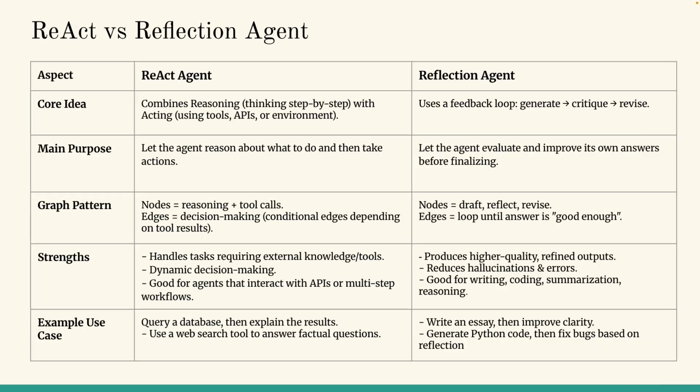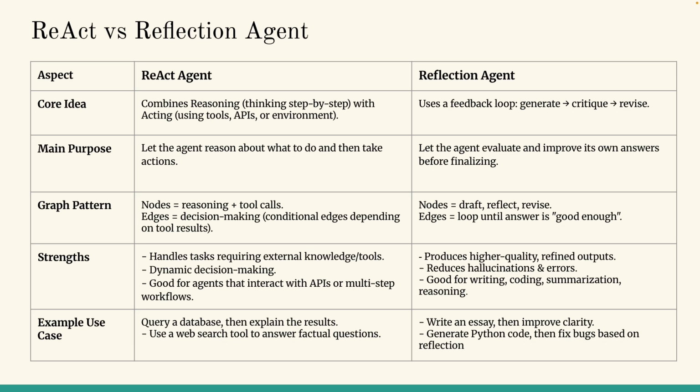Now let's see the differences between the React and Reflection Agent, and their different use cases. The React Agent combines reasoning, thinking step by step, with acting. It is more useful when we need to use tools and call external APIs through tools.